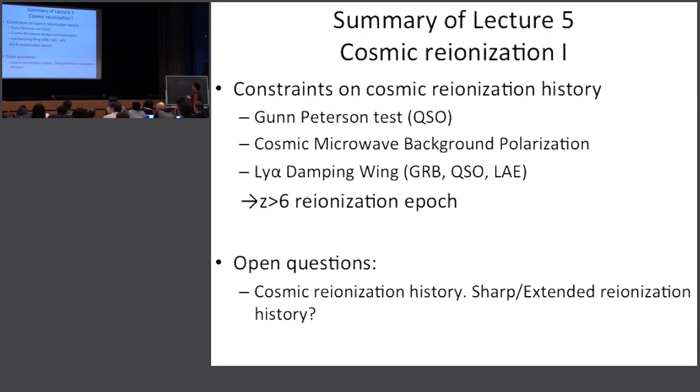The definitive thing we can say now is that the epoch of reionization is at redshift greater than 6. There are some constraints, but they are still not strong enough. The open question is whether the reionization history is quite sharp or extended.